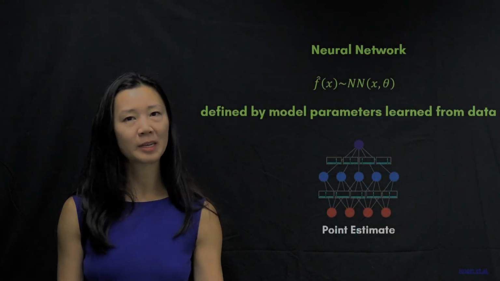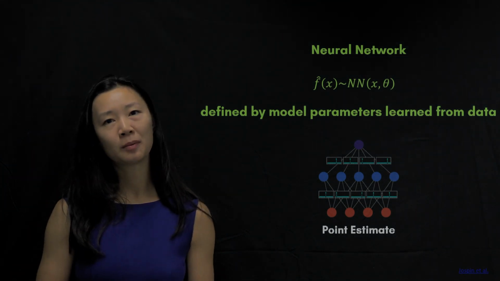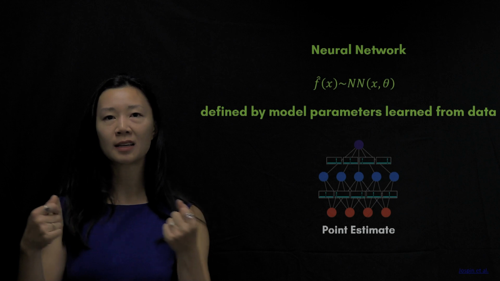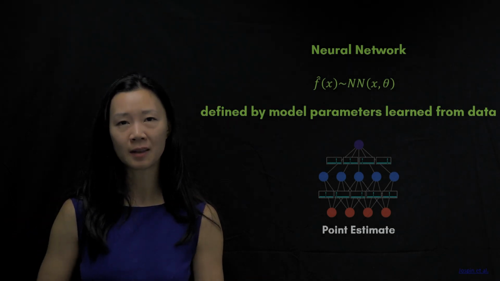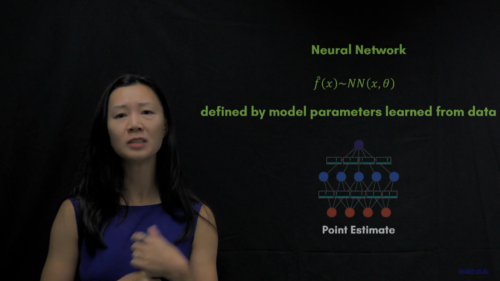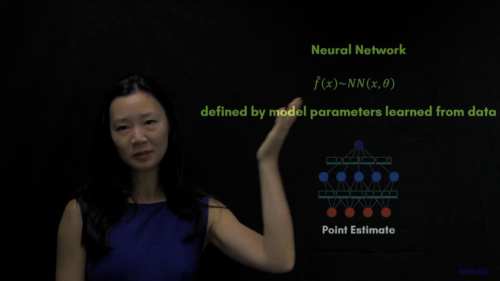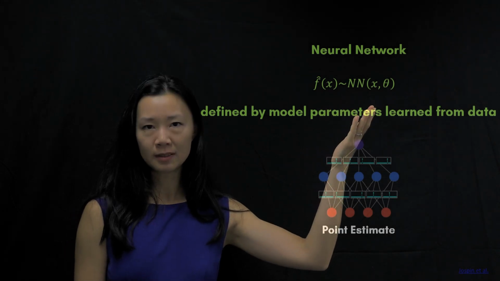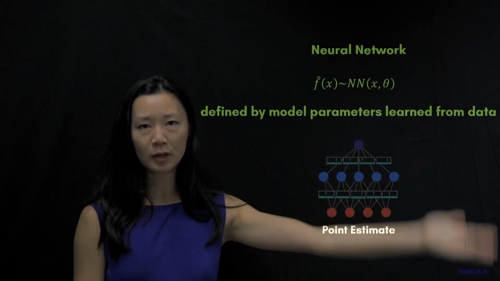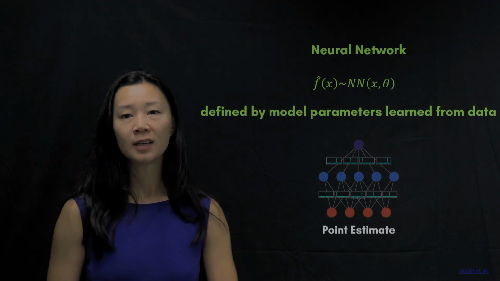So let's talk about Bayesian neural networks. There is a relationship between Bayesian neural networks and neural networks that you may have seen in the wild already, like multi-layer perceptrons. So as a reminder, neural networks as a model are dependent on some input, some training data, and some model parameter. That's how they generate an output.